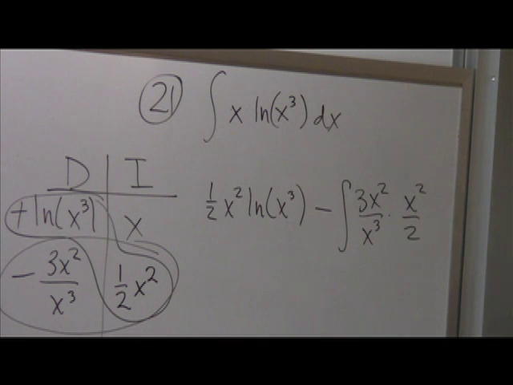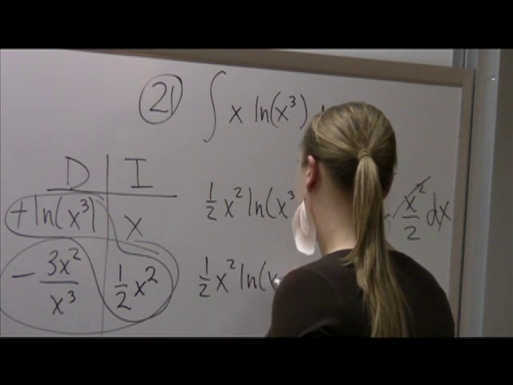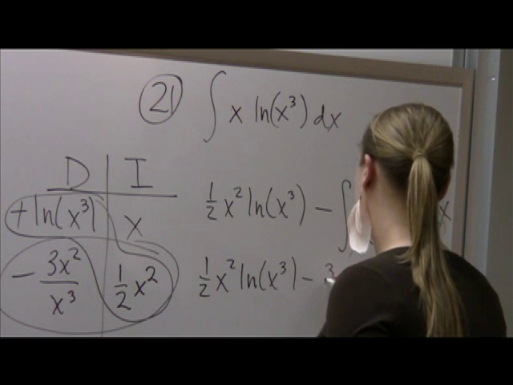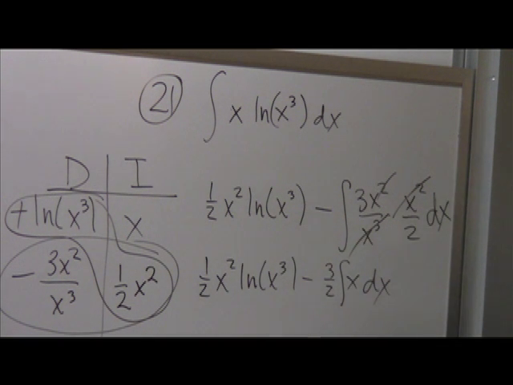Here's a joy. Word to the wise, simplify. X cubed cancels out one of these x squareds and one of those x's. So I'm just integrating. Three halves x.